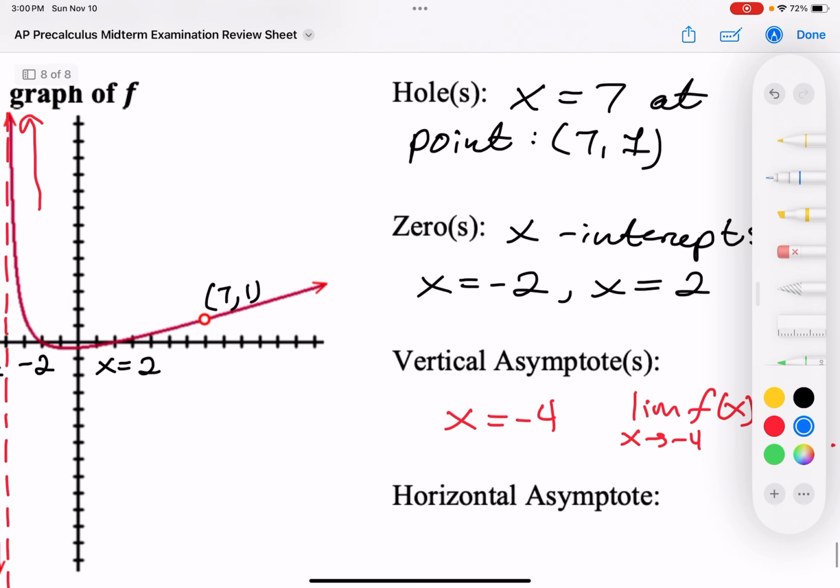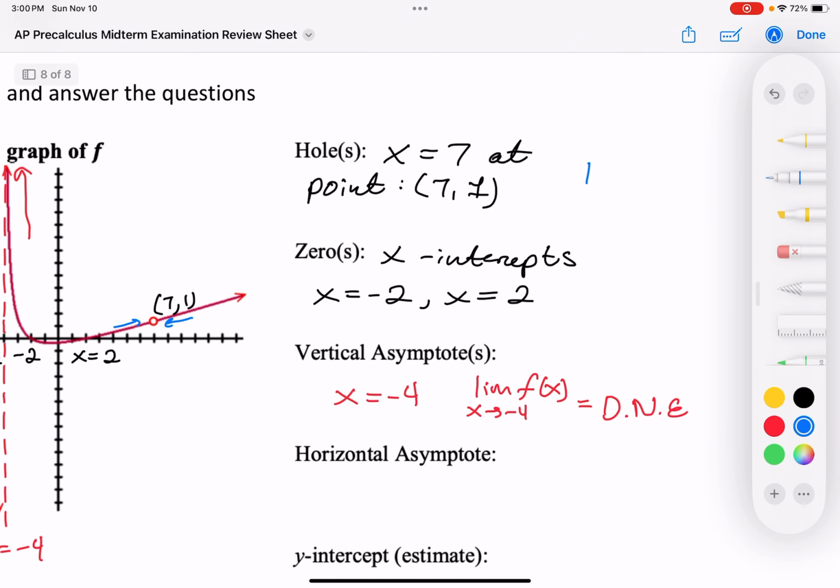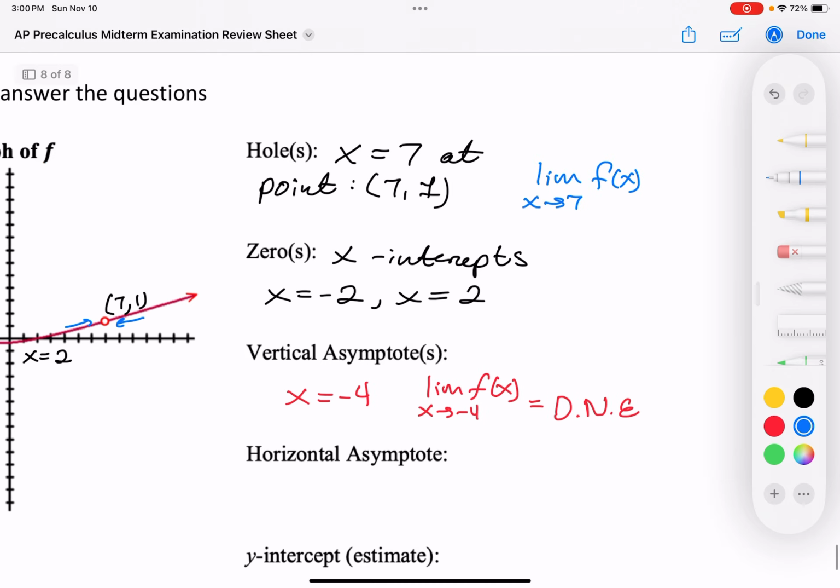And just going back to the holes for a second, the function approaches from the left side and from the right side the hole at (7, 1). So we can say the limit of the function as x approaches 7 is equal to 1.